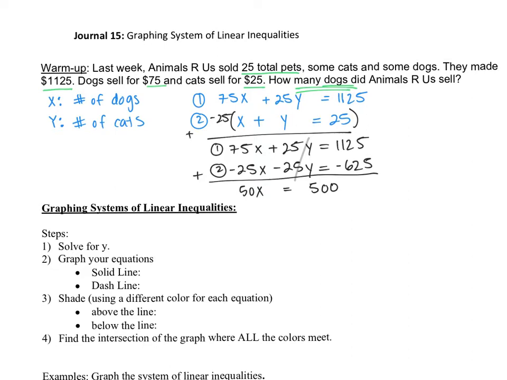Yeah. So now if I were to divide by 50 to try to get x by itself, my x is equal to 500 divided by 50, which is 10. Okay, let's take a moment to understand what 10 represents. So x represents the number of dogs. That means there were 10 dogs sold at the pet store.